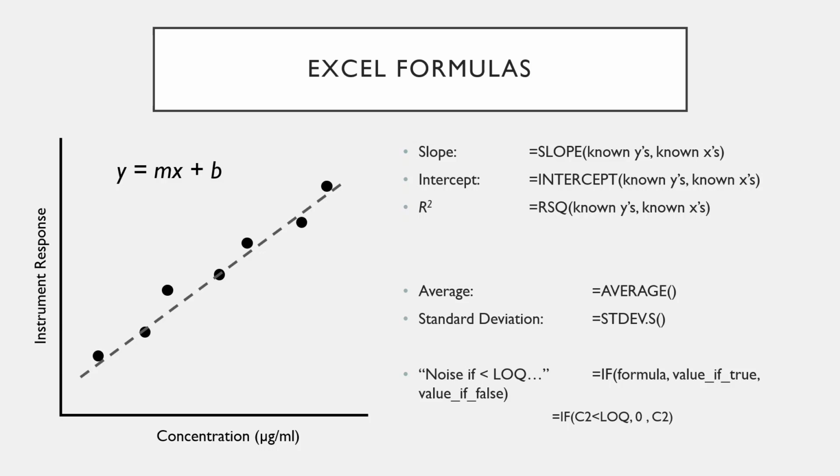So you might use a logic formula like the one I have here: cell C2, which is the value I'm analyzing. If it's less than my cell that has my calculated LOQ, then make it 0. If it's equal to or greater, then make it equal to whatever the output of your regression analysis is.